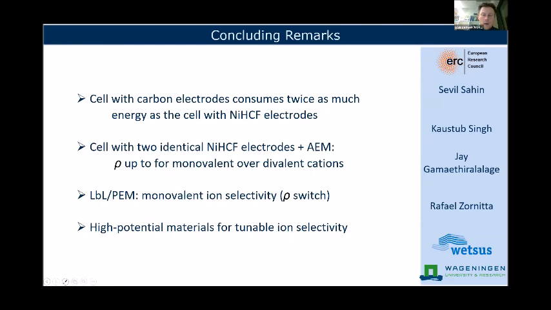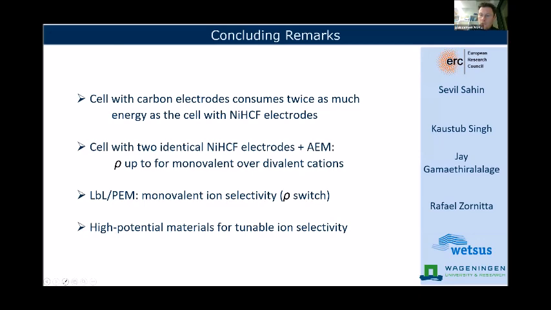However, what we do now is we combine both the valence-based separation, which is due to the LBL, as well as, in the case of when you do this on a cation exchange membrane, also you prevent the anions from going through. Of course, this very much links to the work presented by the first speaker in the first session, Professor Jasby.